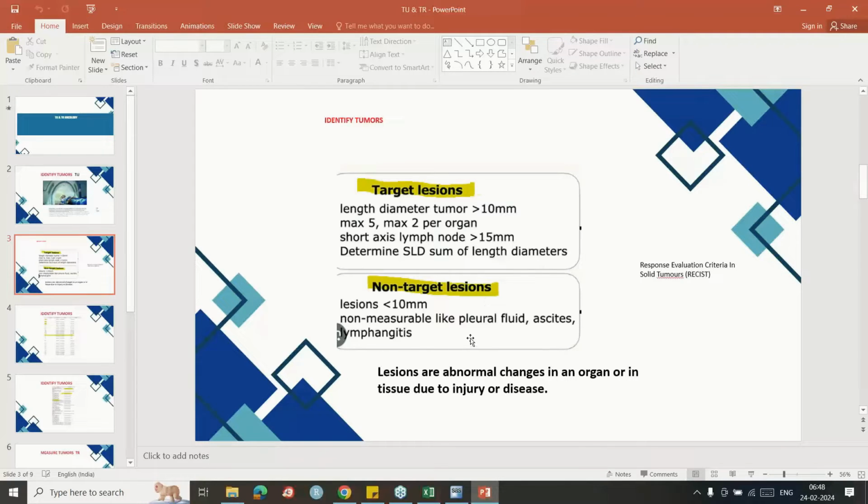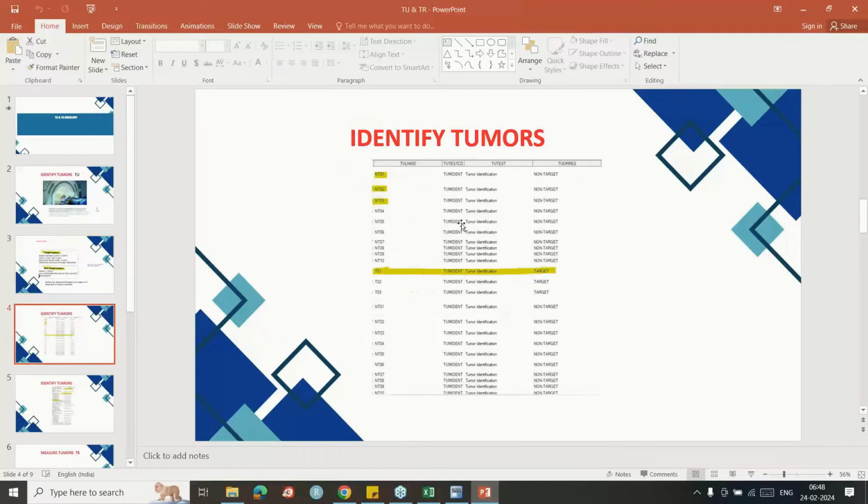In case of a non-targeted lesion, we only need to record whether it is present or absent. So non-targeted lesions we are not measuring. Okay, so here you can see the TU domain. For each and every targeted tumor, we are giving numbering like T01, T02, T03.